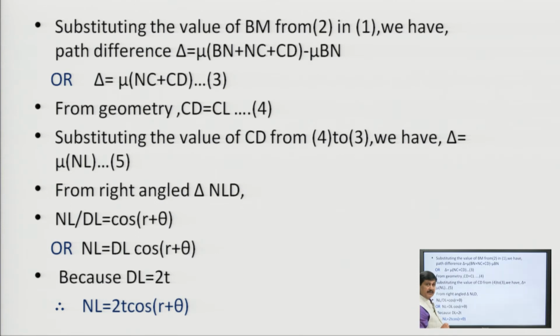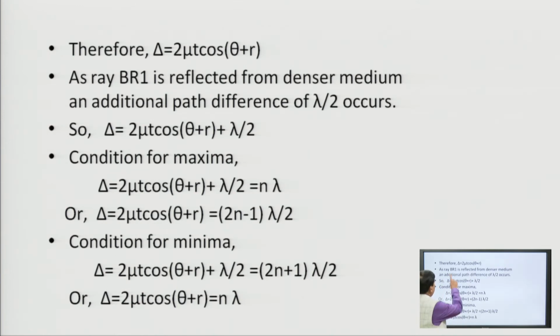Cos of R plus theta is NL upon DL, so NL will be equal to DL cos (R plus theta), but DL is 2T. So, NL will be 2T cos (R plus theta). Therefore, our path difference will become 2 mu T cos (theta plus R).